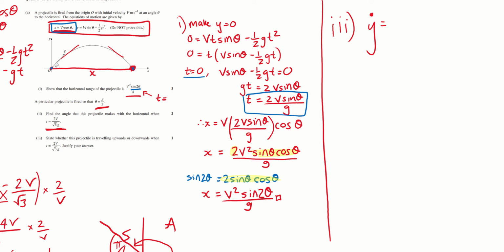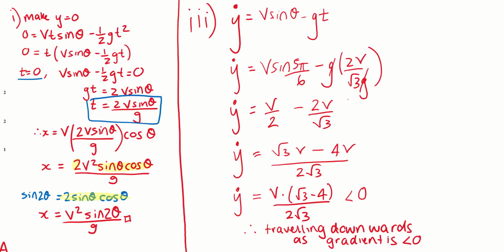So, which means all I need to do is substitute in that time into my vertical velocity, which I said was v sine theta minus gt. Okay, so there I have just gone through. I subbed in our angle because that was the angle we found in the previous question that the projectile had at that time. I then subbed in the time as well.